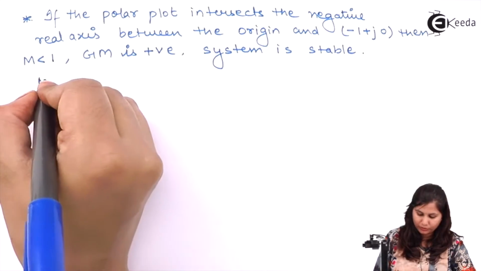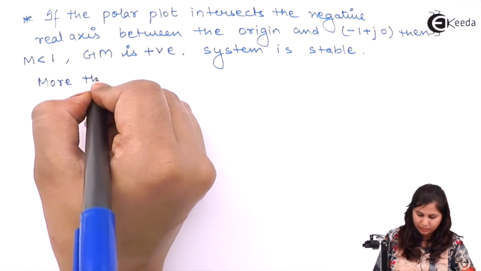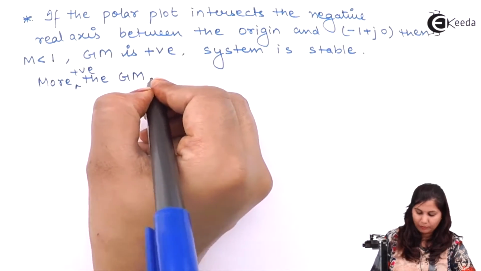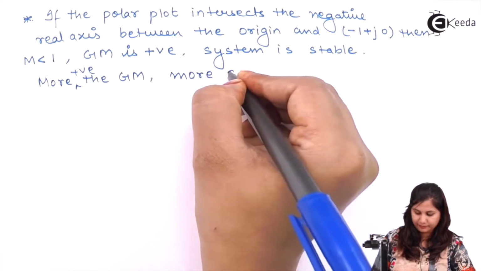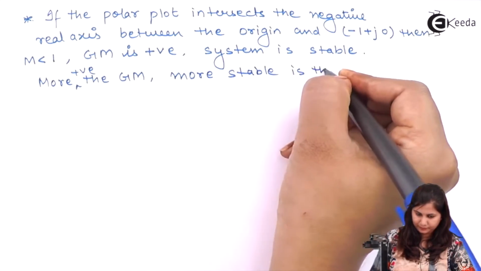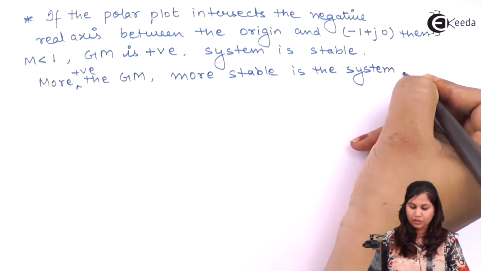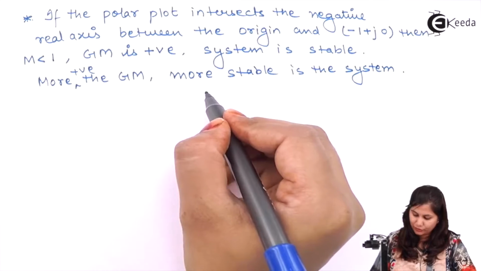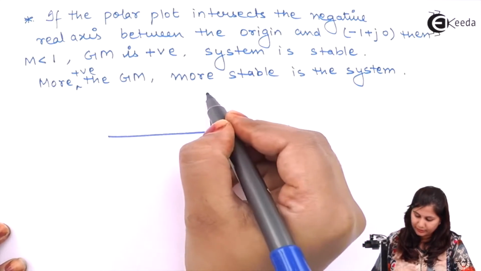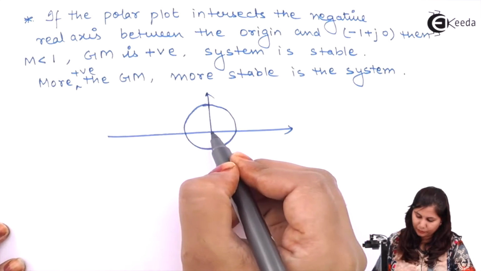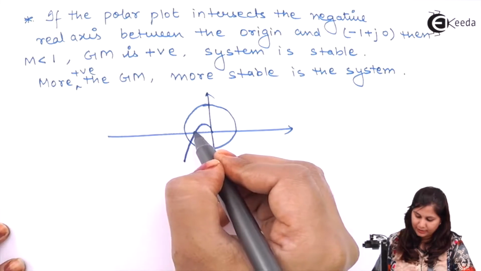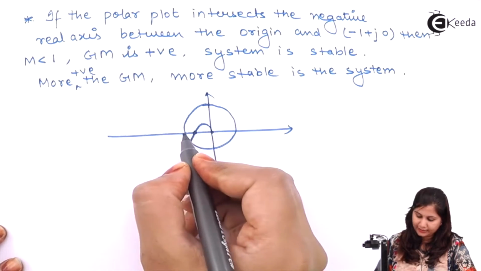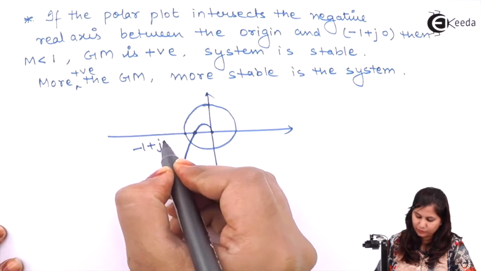And also, the more positive the gain margin is, the more stable the system is. So if the polar plot is intersecting the negative real axis, let's draw the polar plot for this. This is the unit circle and the polar plot is intersecting the negative real axis between the origin and the -1 + j0 point.